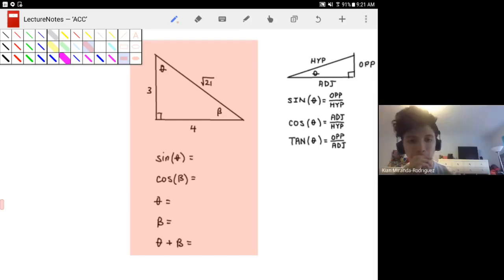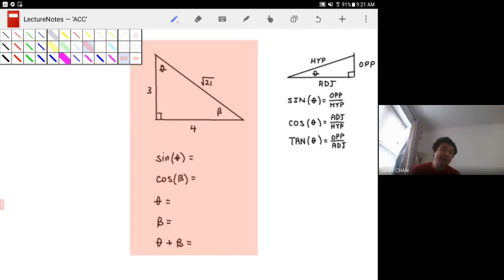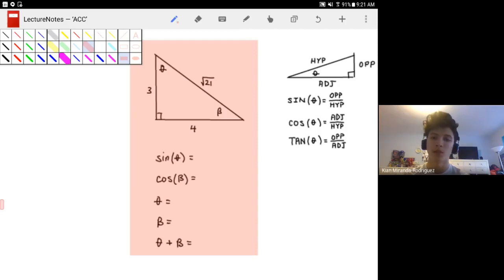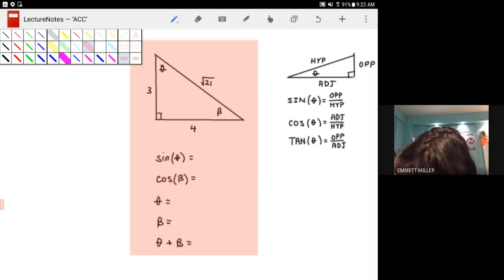Mr. Chan, do we already know the answer to the bottom one? That's right. Having gone through the material from the step above, yes, we do. We just have to find out what theta and beta equal. But we already know what theta plus beta will equal. That's right. I copied it.